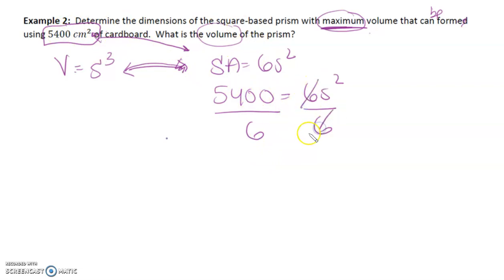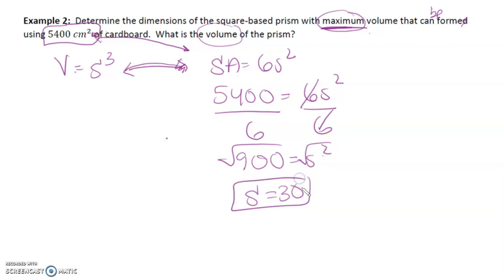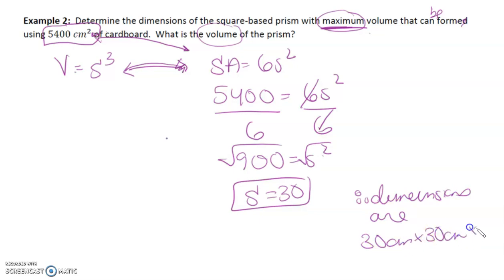We're going to cancel those out, and when we go 5,400 divided by 6, we get 900 equals S squared. Because it's a square, we do the opposite, which is square root, S equals 30. So we know the dimensions are 30 centimeters by 30 centimeters by 30 centimeters.